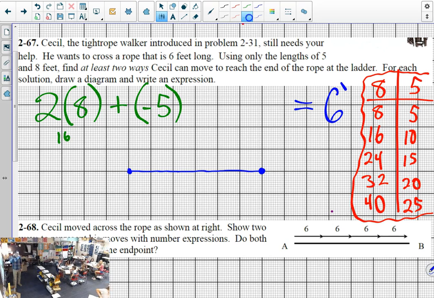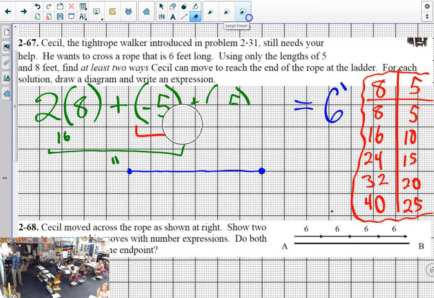This equals 11. And then minus 5. So if you're going to add another move of 5 in the negative direction, could I write this more easily? Yeah, negative 5 times 2, right?